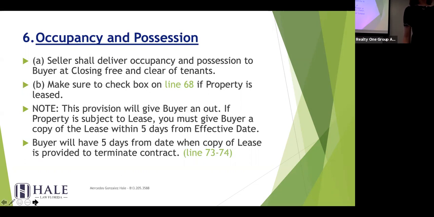So if there are tenants, check that box. And if you don't know, for whatever reason, a lot of strange things happen, point that out to your seller. Do you have tenants? If you do, please make sure that you're looking at paragraph 6, line 68. That's the explanation that's on there.